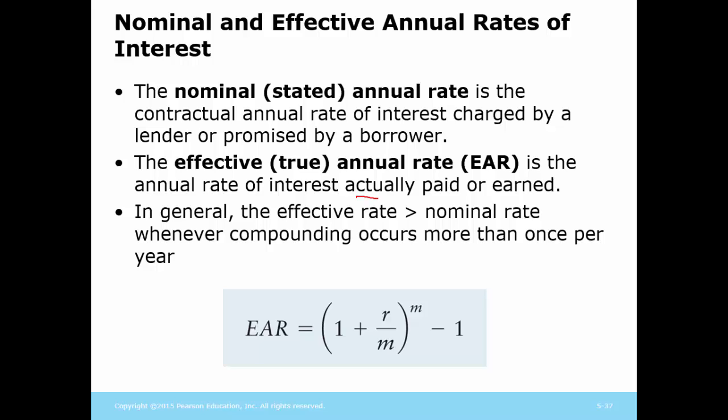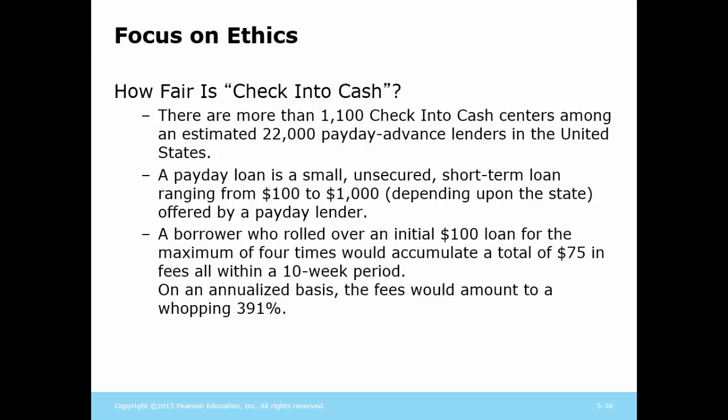In fact, here's what separates it: it's the actual interest that's paid or earned. And of course, we have a formula for that. For the effective annual rate, we have the annual interest rate divided by the compounding frequency, and this compounding frequency is the exponent. That's how many times per year we calculate interest.